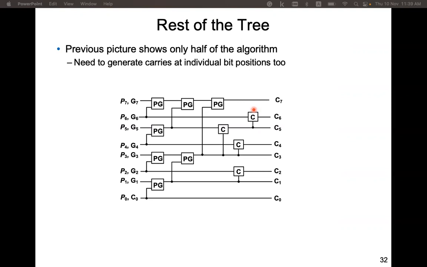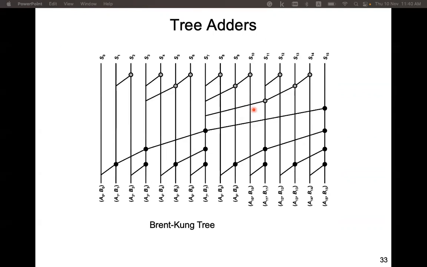So we build this tree hierarchically. In another format, the same tree is shown here. It has a name, the Brent-Kung tree, because it was named after these two persons.